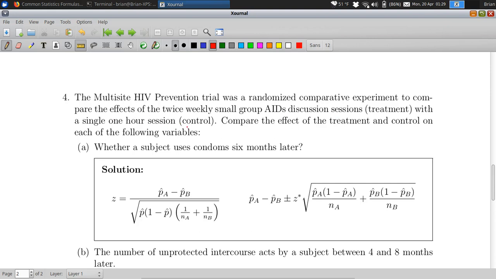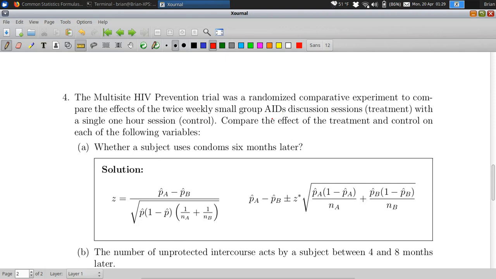So I guess the goal here is to teach people to use safe sex practices and avoid getting HIV/AIDS. And so there's two different ways you could teach people. You could do a really short 1 hour session, or you could make people attend these twice weekly small group discussions. And the question is, is it worth the extra effort of making these people go through this extra twice weekly program? Will it improve the outcomes?